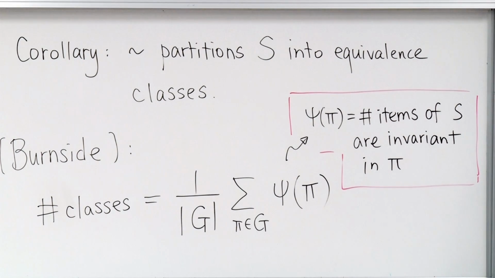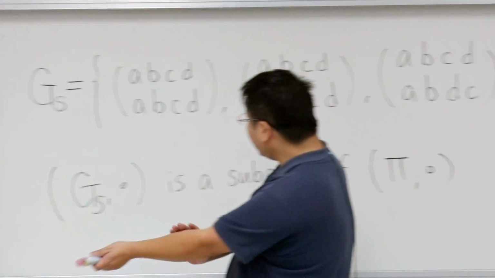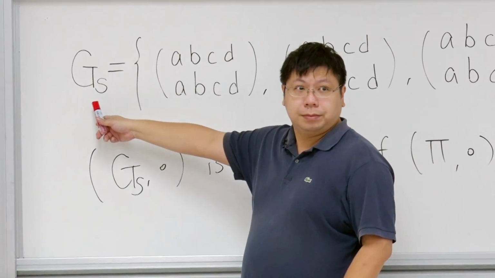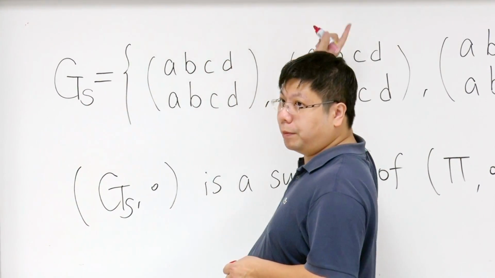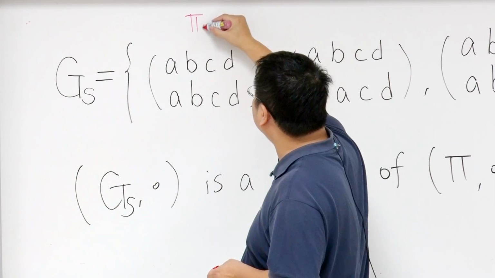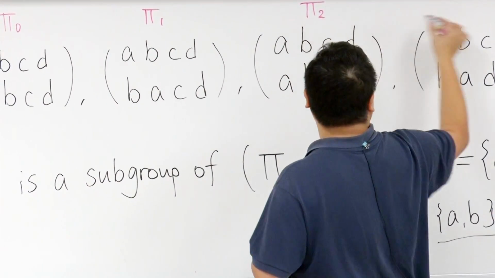So let's use this example to check what happens. This is a permutation group, and then we have 4 permutations: pi 0, pi 1, pi 2, and pi 3.